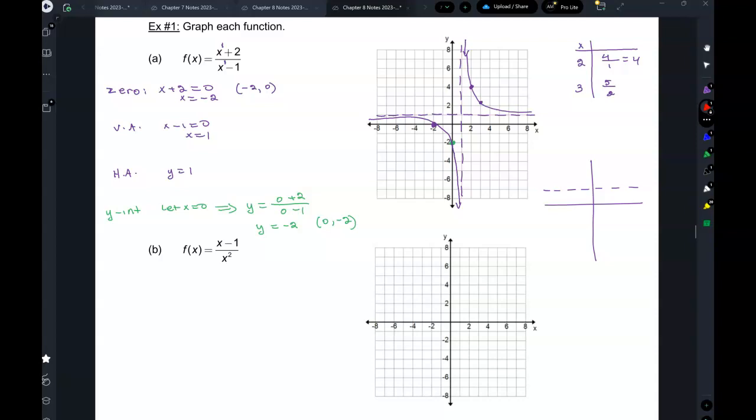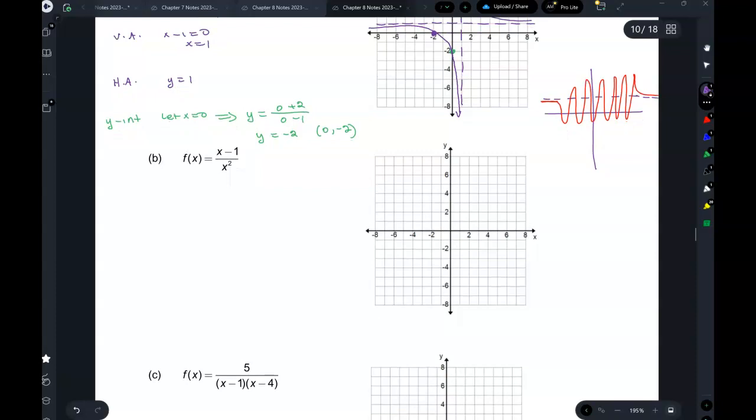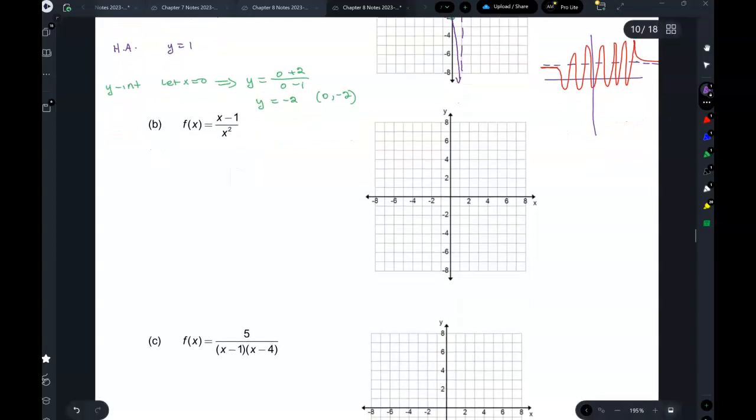So the graph will follow the asymptote, but it's very possible that it can cross the asymptote 1,000,000 times and then level off again. The only place where the horizontal asymptote takes effect is at the infinities. So it's very possible for it to cross a horizontal asymptote. Keeping that in mind, let's do this one.